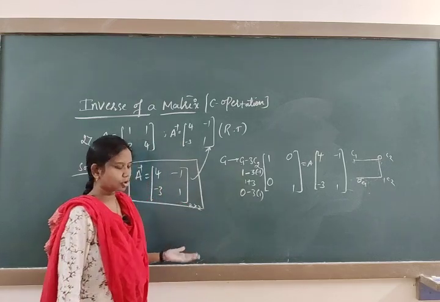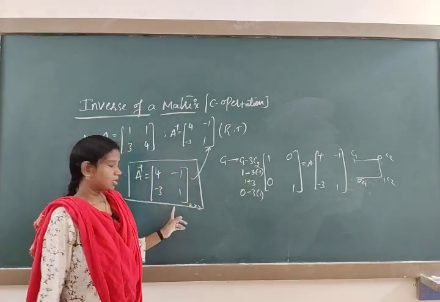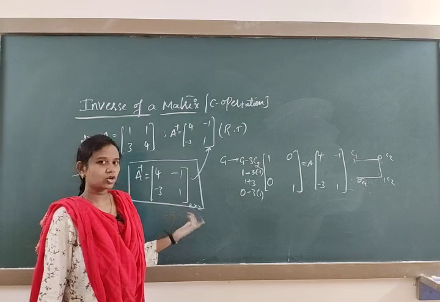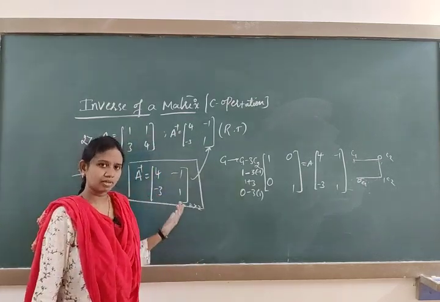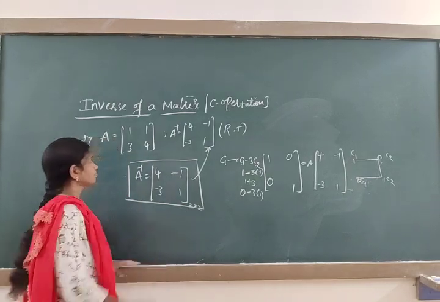If it exists means it is defined. If it is not defined, the inverse is not unique. That problem also we will take: does the inverse exist or not?